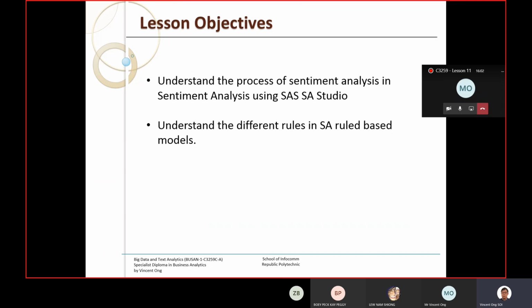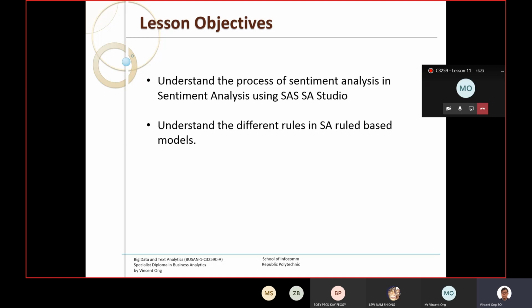So in the text, it's a bit tricky, right? Because a sentence may be negative overall, but the document itself may be positive. So there are at least two levels of determining the sentiments of the text.